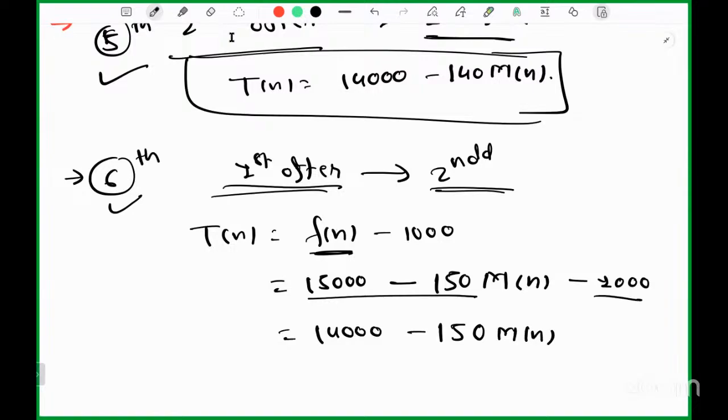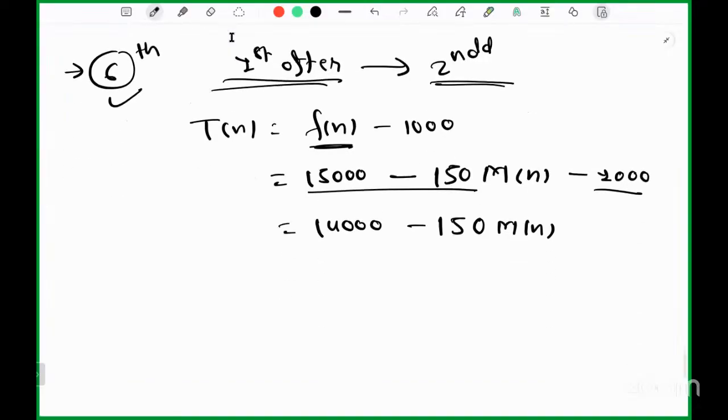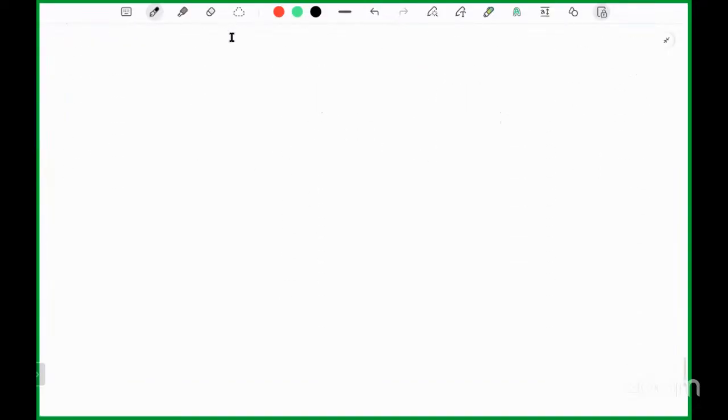Now the 8th question says if Geeta is allowed to use the offers in any sequence, and mn is given already, where n is 6, 7, 8 and 9, then choose the set of correct options which minimizes the total payable amount. Here you just have to do the calculation. We have two Tn's.